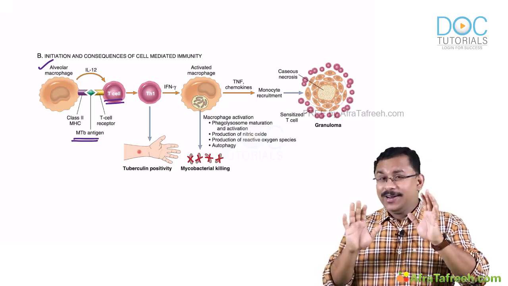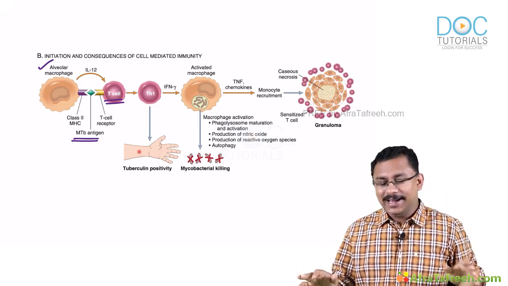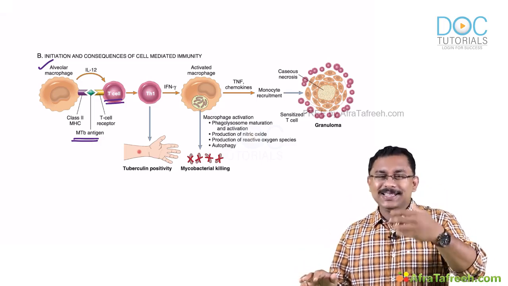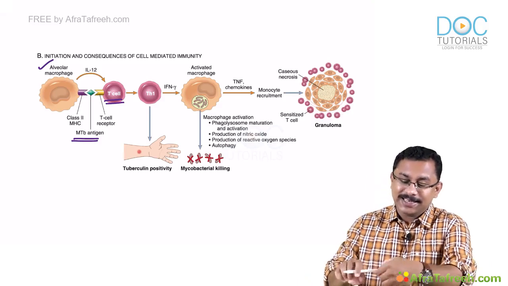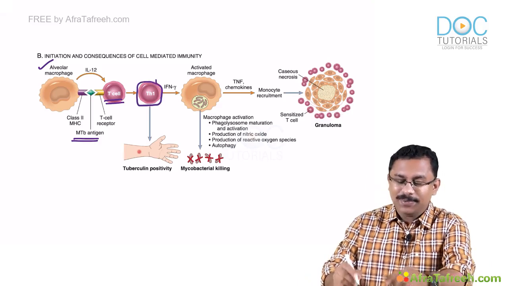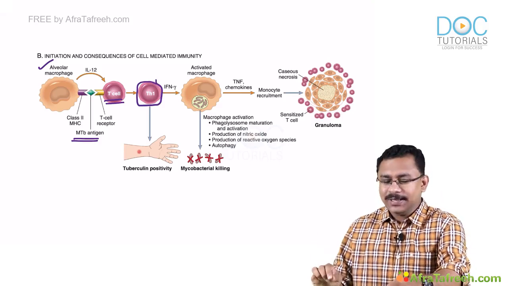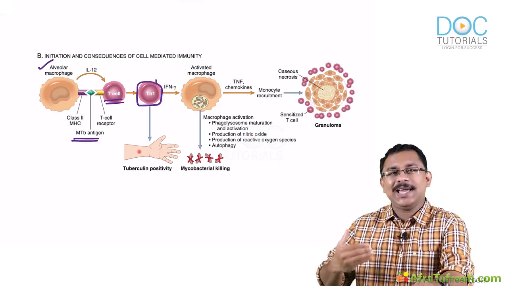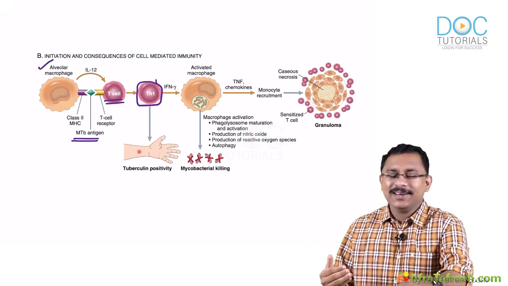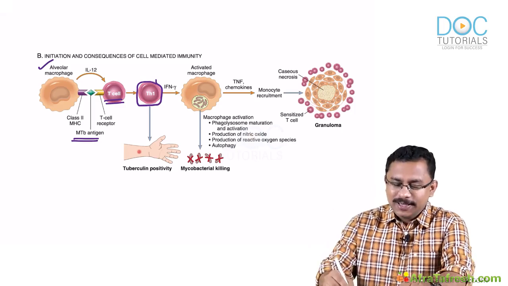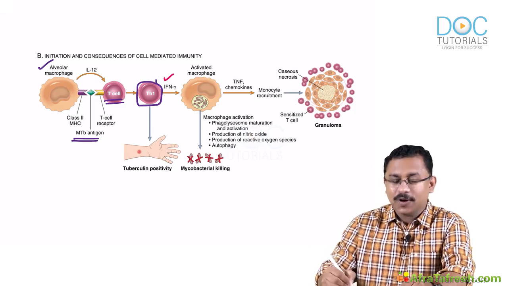So your cell mediated immunity is very important here, and when the T cells are activated, especially it is the Th1 subtype, the T helper cell 1 subtype, that becomes activated.